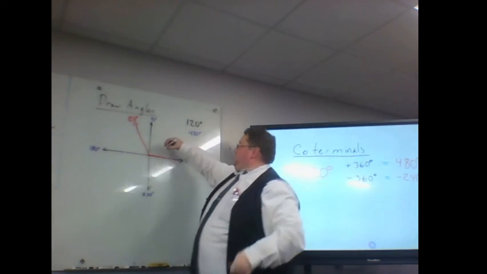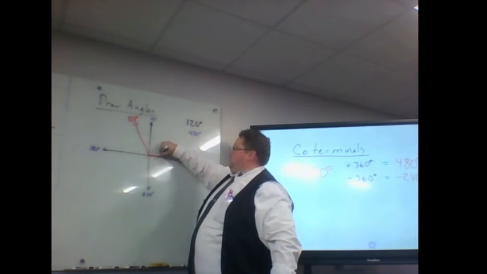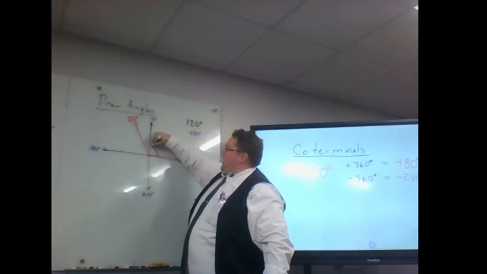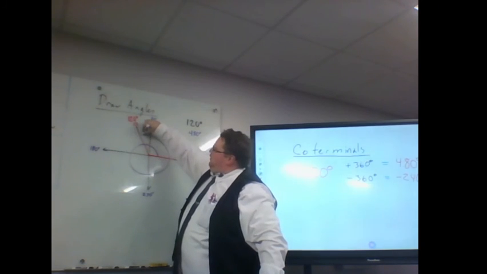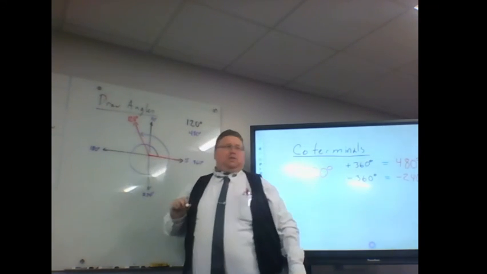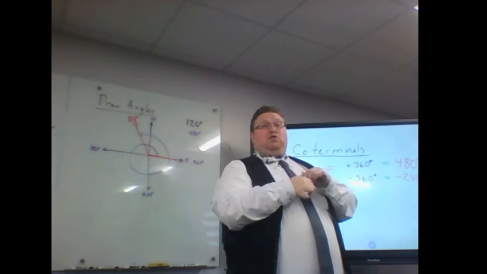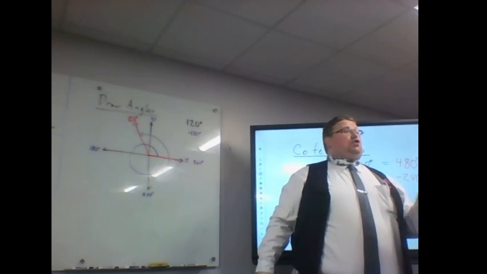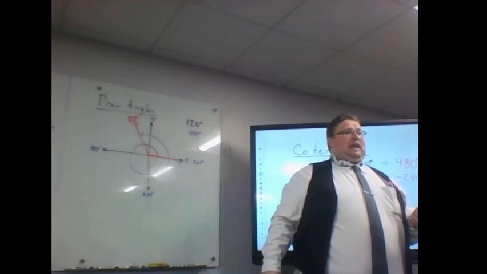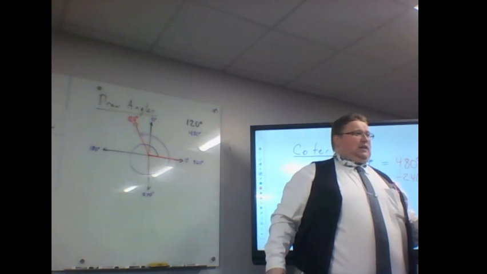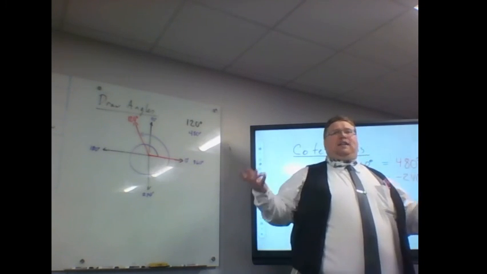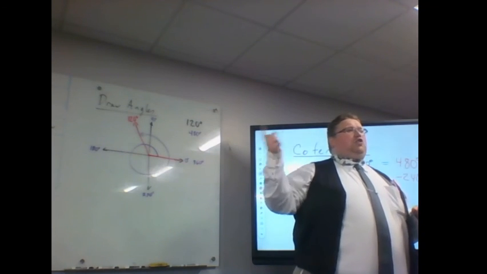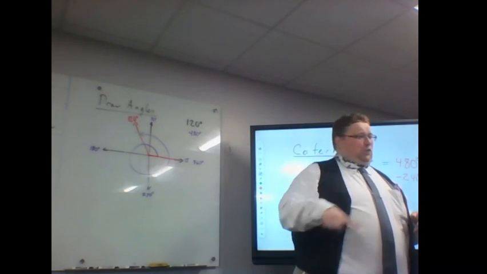It starts on the initial side, goes past it, and continues on until it gets to the coterminal. This is how we would measure and draw 480 degrees. Notice we can't physically draw 480 because we have only between 0 and 360. So how do we show that it's 480? We show that it's coterminal to 120 after one spin.